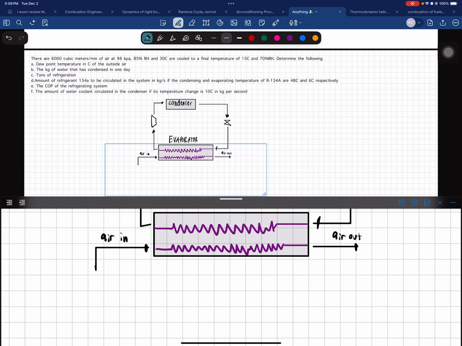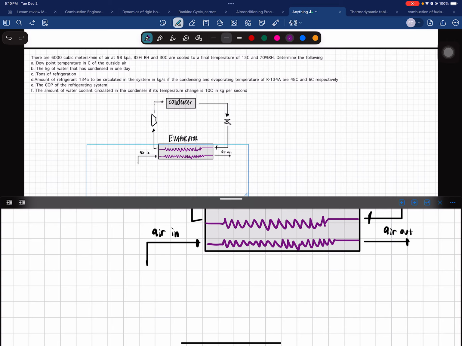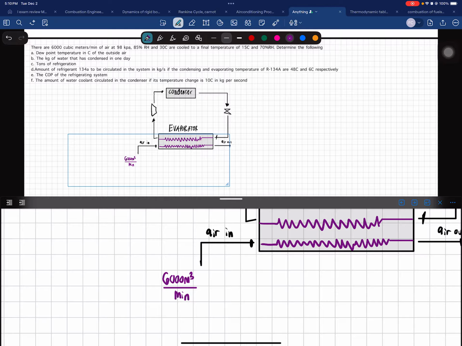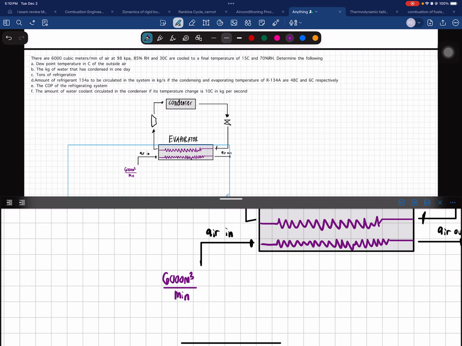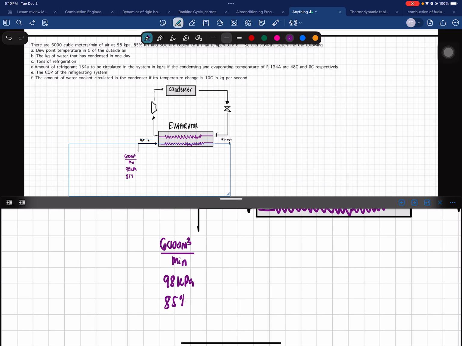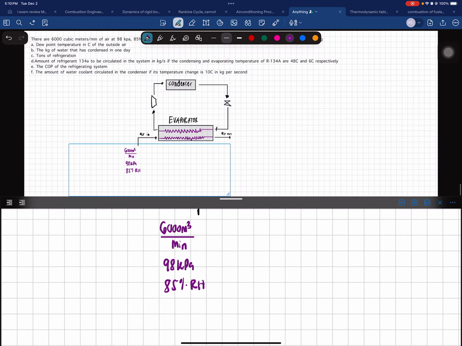Okay, what are the other givens? So air going in, we have 6,000 cubic meters per minute, and then we have a total pressure of 98 kilopascals, 85% relative humidity, and dry bulb temperature of 30 degrees Celsius.